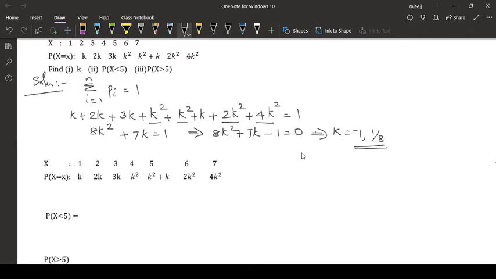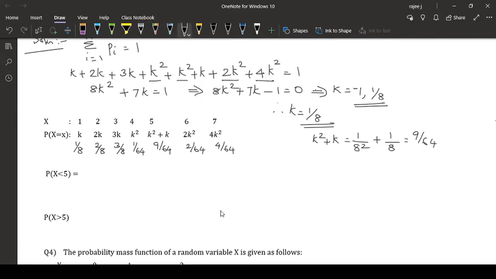Can you say which one is the valid one? The value k equal to 1 by 8 is the valid value, because k is a probability. P of X equal to x is given in terms of k, and that k is a probability, so it cannot be negative. Therefore the value of k is equal to 1 by 8 here.